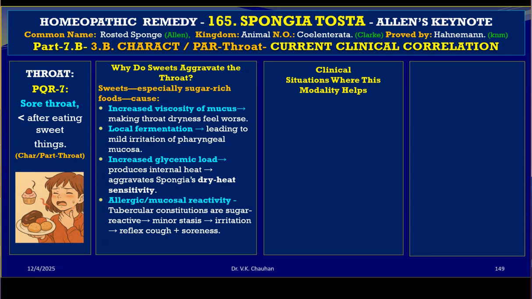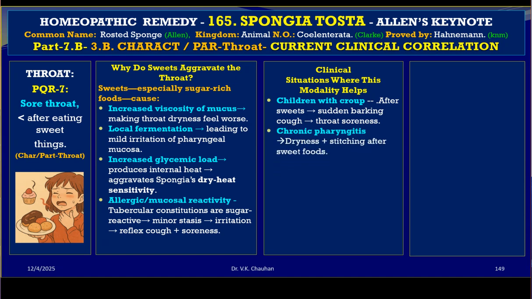In situations where the modality helps, like children with croup, you have to think about who your target client is. Children are the good clients who have croup after sweets, with sudden barking cough and soreness of throat. We may have chronic pharyngitis where we will find dryness and stitching after sweet foods.